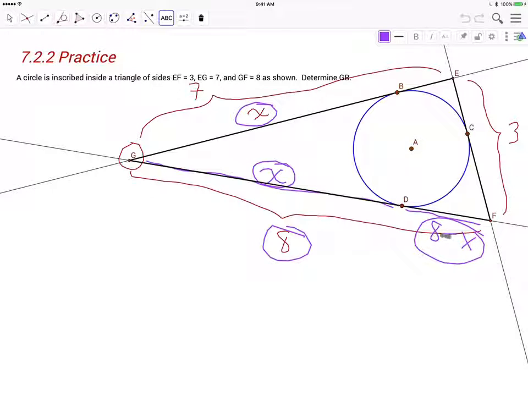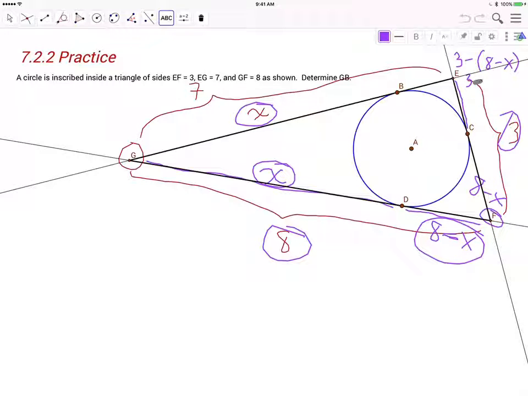Let that sink in. Sometimes subtraction throws people off a little bit, so 8 minus X. That leaves this to be 8 minus X as well, because F is a point outside the circle, and there are 2 tangent lines from F. Let's bring in 3. 3 is the whole length, so the piece up here must be 3 minus 8 minus X. Maybe you already figured this out.